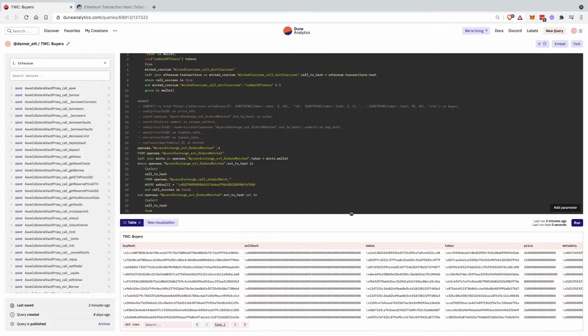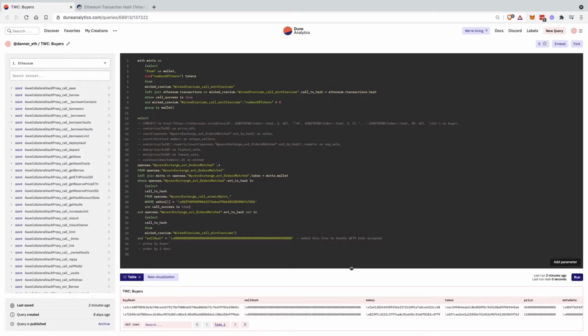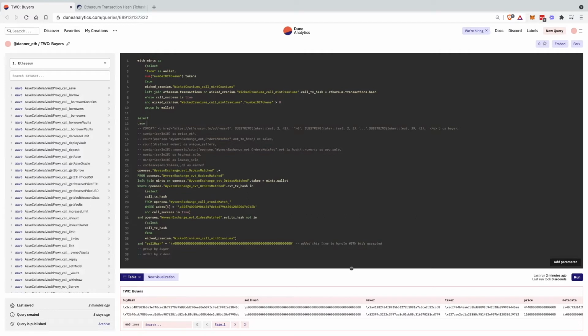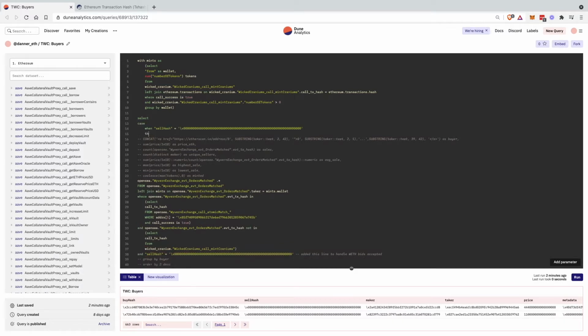Okay, well maybe we actually just solve this with a case statement up here. So when the sell hash is like this, then we want to use the maker instead of the taker.